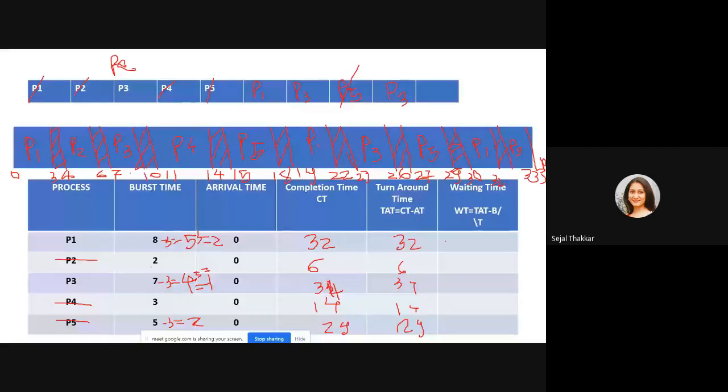Turnaround time minus burst time. 32 minus 8, 6 minus 2, 34 minus 7. The burst time you have to take directly from here. It is already given. Turnaround time for P4 is 14 minus 3, and for P5 it is 29 minus 5.